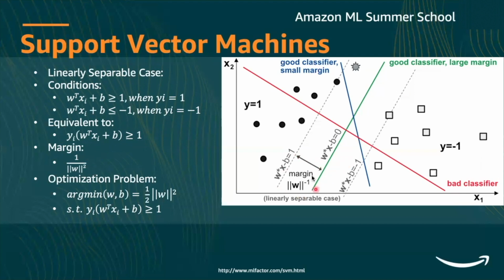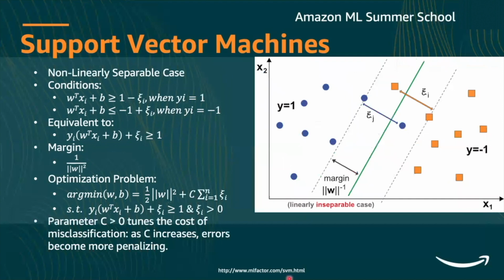Maximizing this inverse function is equivalent to minimizing the opposite, which is minimizing half norm w square, under the constraint that the samples of class 1 should be above this and the samples of class -1 should be below this. Once you solve this problem, you get w transpose xi + b = 0 as the SVM model.